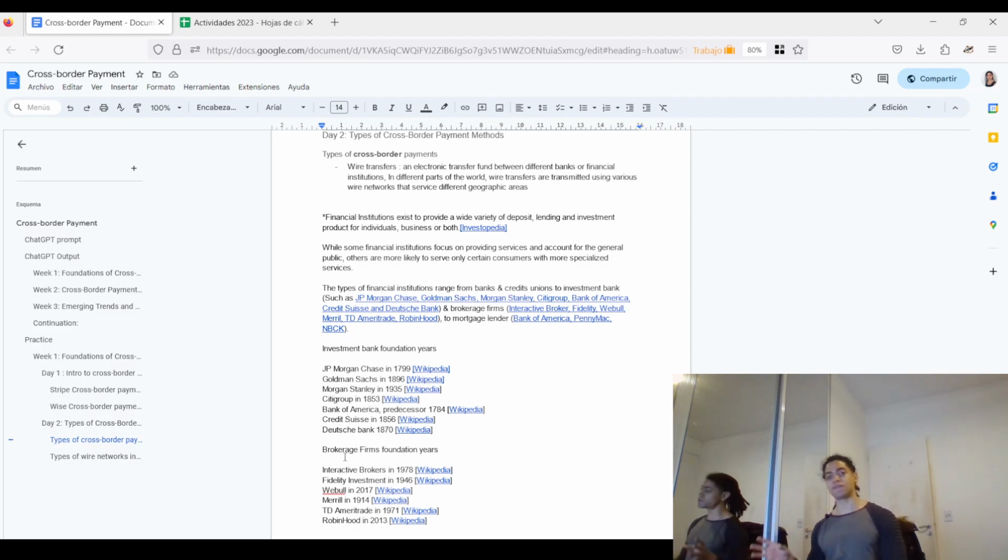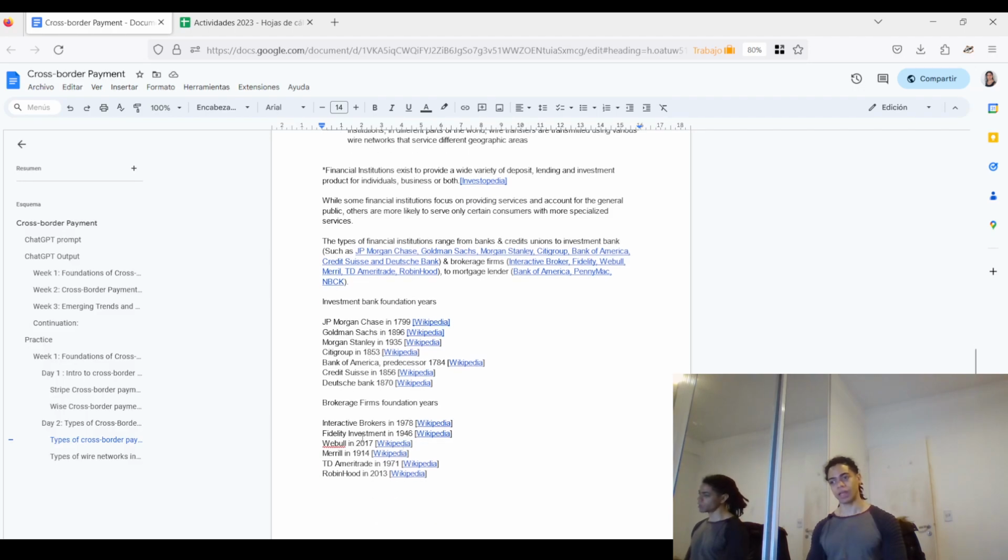Some of them focus on the general public, while others serve only certain customers with a more specialized service. So brokerage firms can enter in this particular field. So Interactive Brokers, founded in 1978.